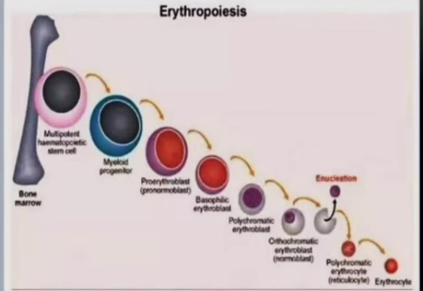Reticulocytes have no nucleus. The cytoplasm contains more hemoglobin and a mesh of network. So they have networks inside the cytoplasm.